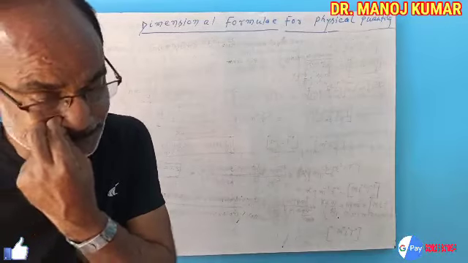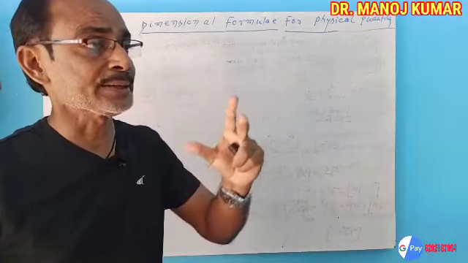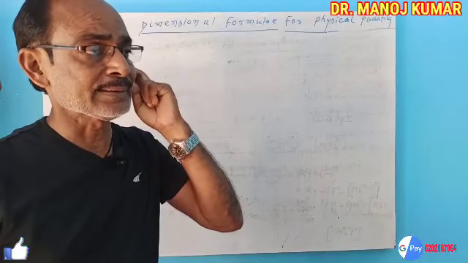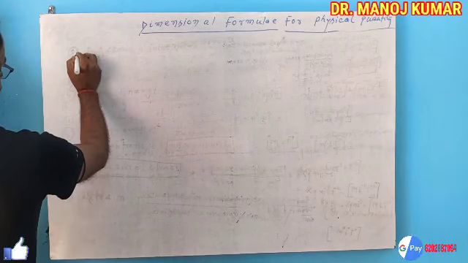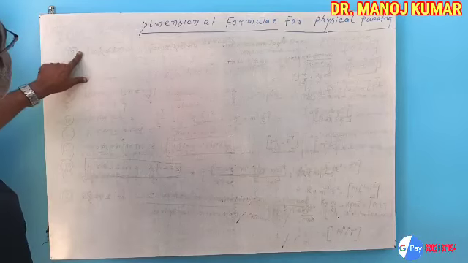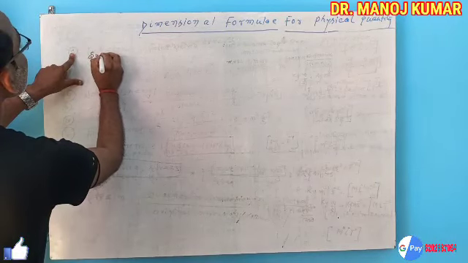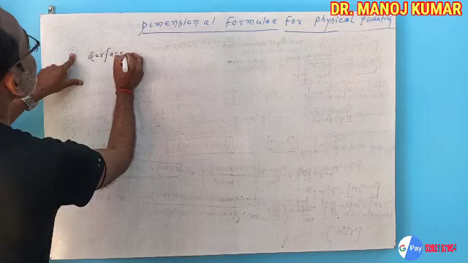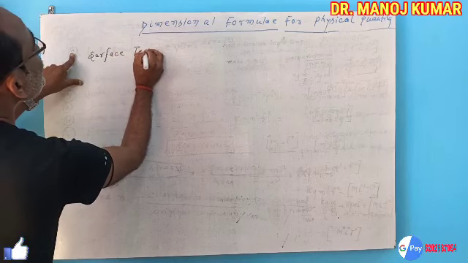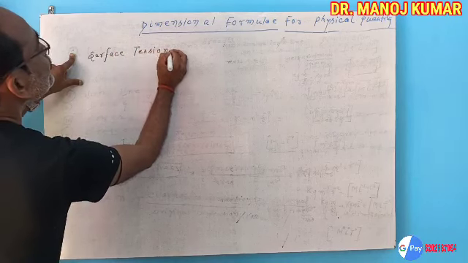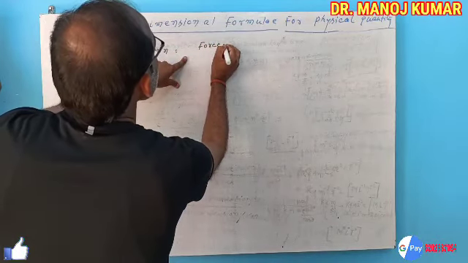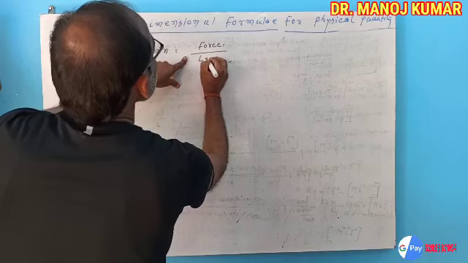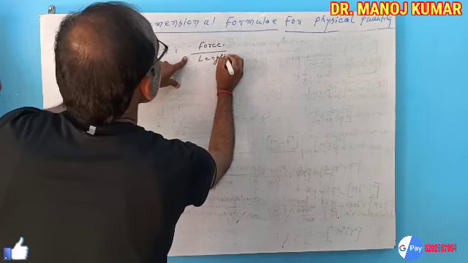Surface tension is the ratio of acting force and the length of the object. So surface tension is acting force and the ratio of length.